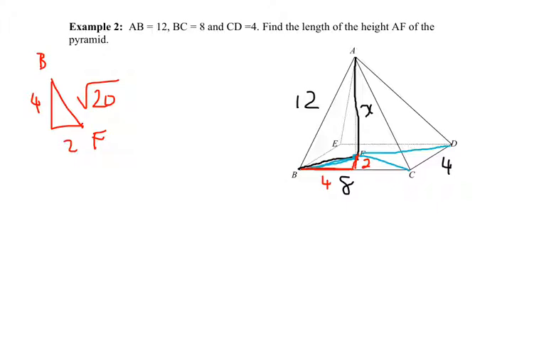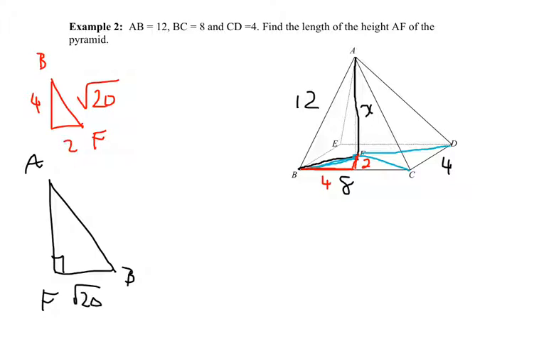And then looking at my bigger triangle, that is BA down to F. There's my right angle there. We know that BF is root 20, and we're trying to find AF. And now I can just use Pythagorean theorem with this one because we know that this is 12.